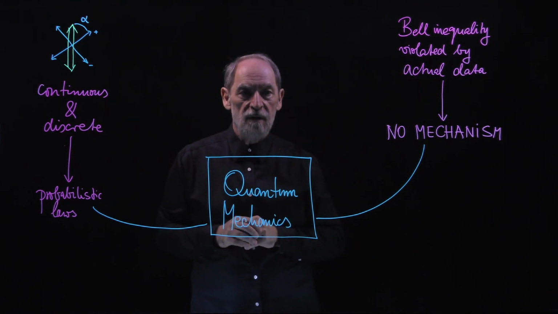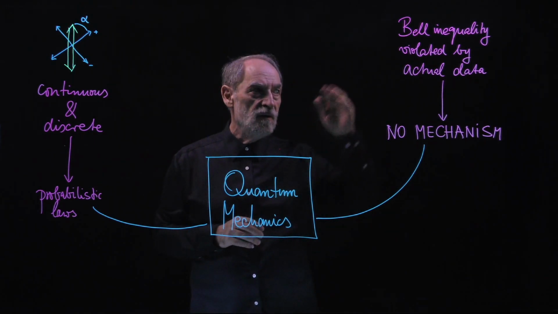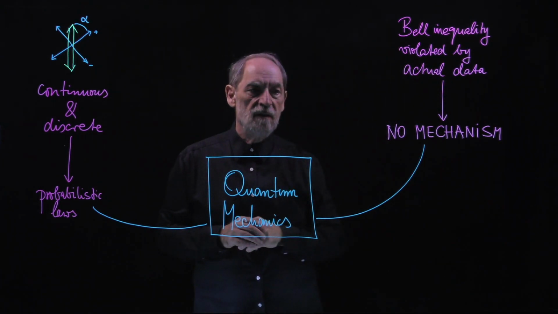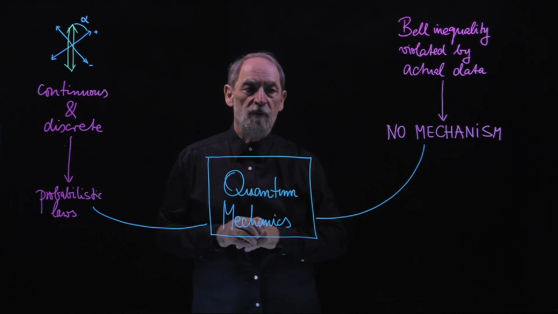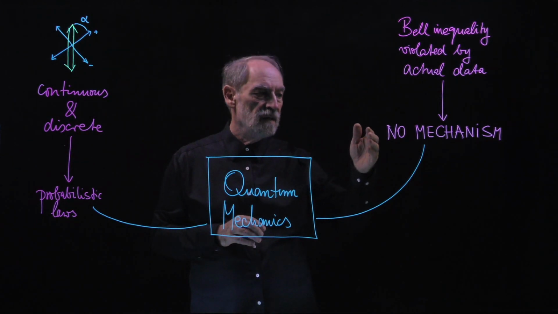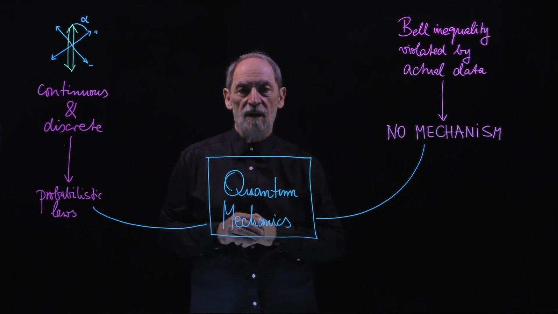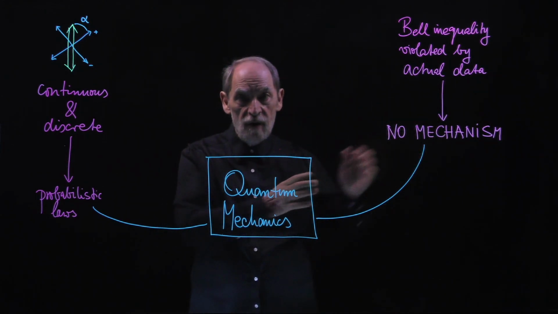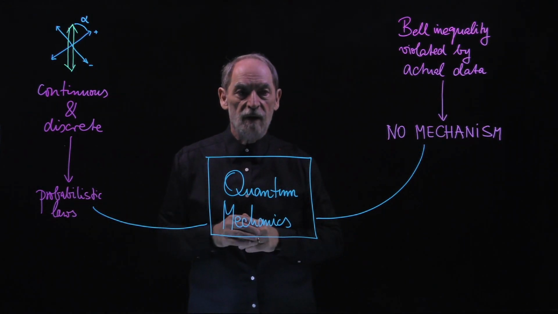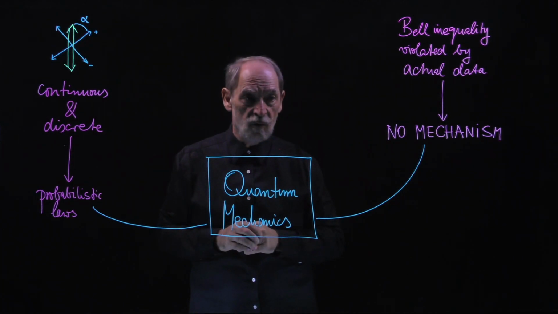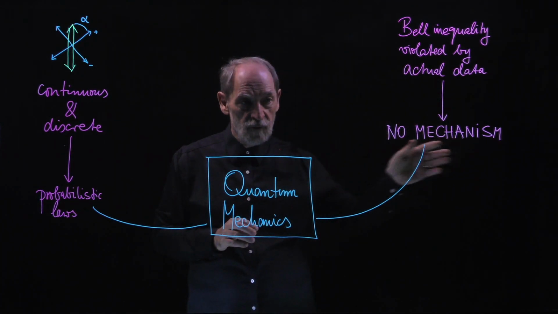And the Bell inequality, as we know, is violated by the actual data from real-life experiments. So we are led to the conclusion that there is no such hidden mechanism that is deterministic, and the lack of knowledge about the mechanism forces us to make probabilistic determination. No, there is no mechanism. We know this for sure.